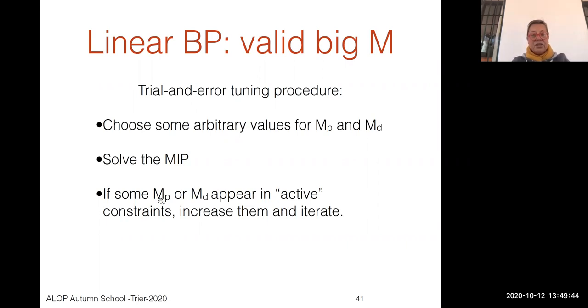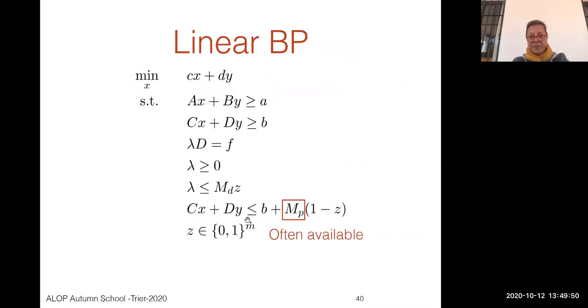What does it mean that some MP or MD appears in an active constraint? Take the example here. Imagine I choose values for MD and MP and solve this MIP. I obtain a solution in which Z has always 0 or 1 values.